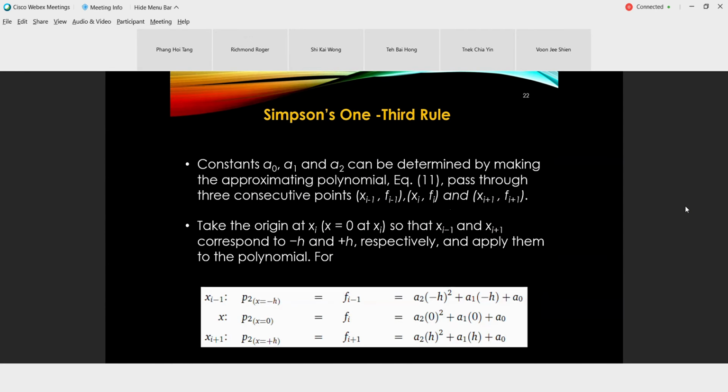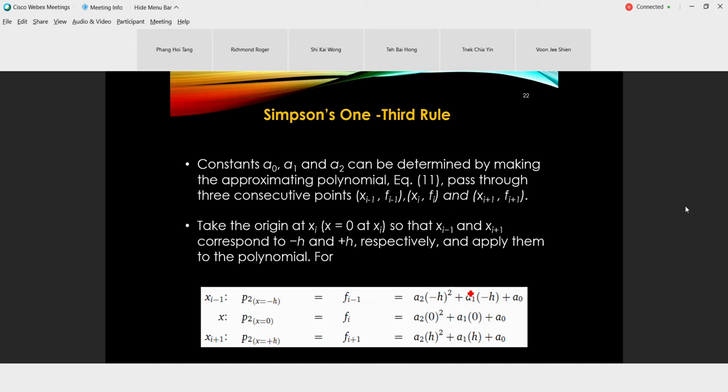What else? The constants A0, A1 and A2 can be determined by making the approximating polynomial pass through 3 consecutive points. That is how they develop the equation for Simpson. Check the origin at xi, so that xi minus 1, meaning the previous point before xi, and xi plus 1 correspond to minus h and plus h respectively, and apply them to the polynomial.